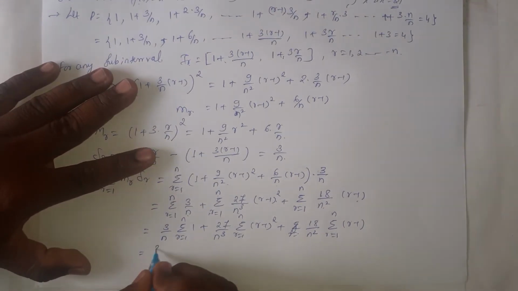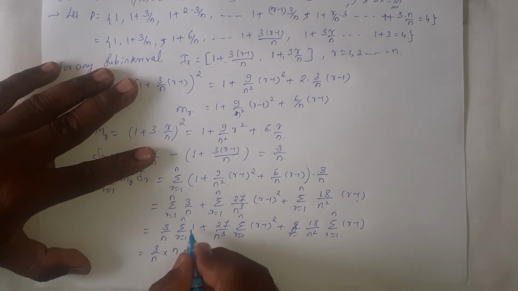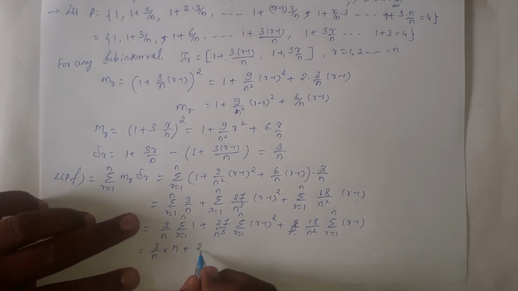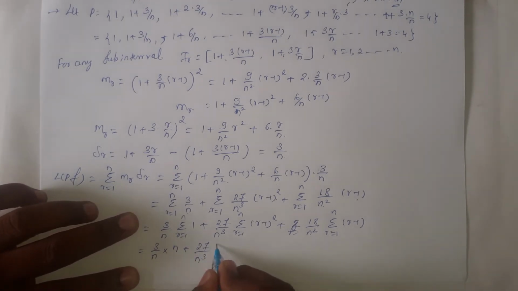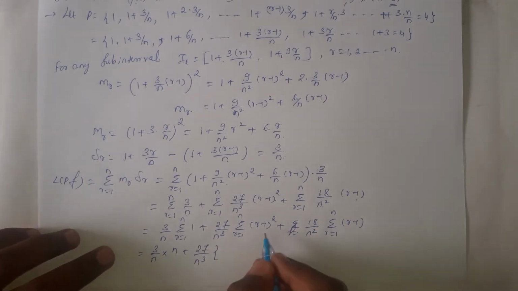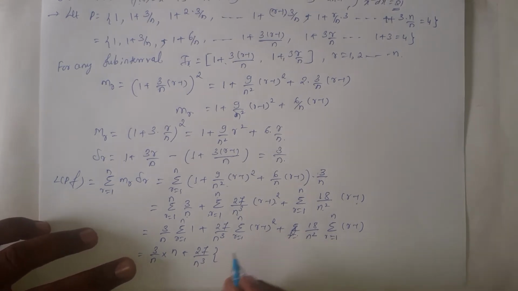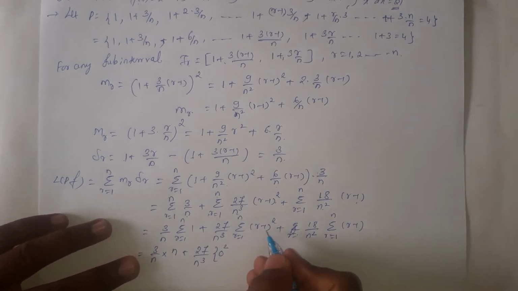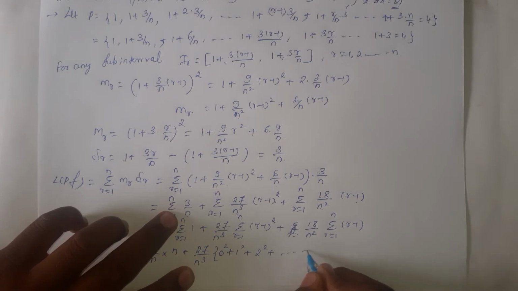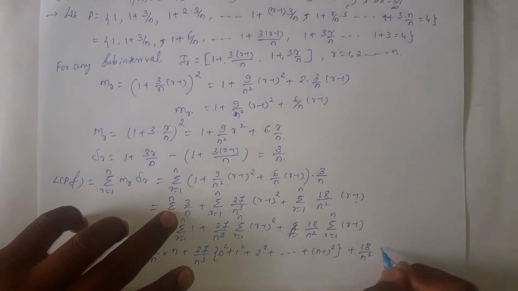Now this one is equal to 3 by n into n, because we are adding this one n times, so therefore that becomes n, plus, here it is 27 by n cube into here. Now we need to put the values for R from 1 to n. Now if you substitute R is equal to 1, that becomes 0 square, because it is (R minus 1) whole square, plus 1 square, 2 square and so on up to (n minus 1) whole square, plus 18 by n square into, here it becomes 0 plus 1 plus 2 up to n minus 1.